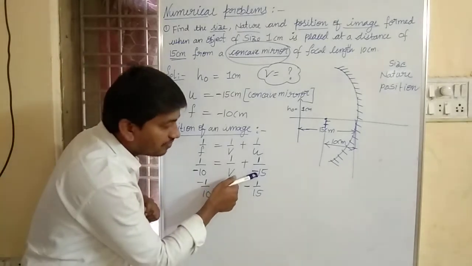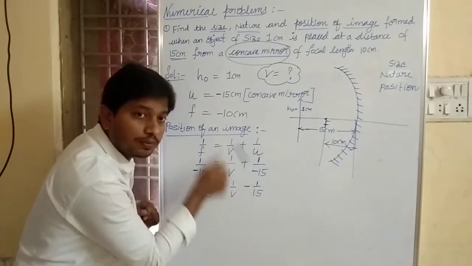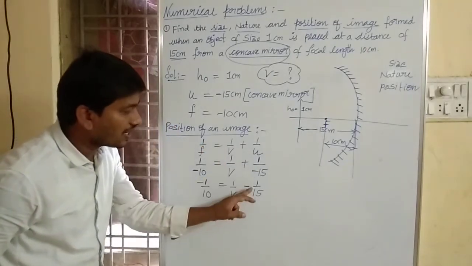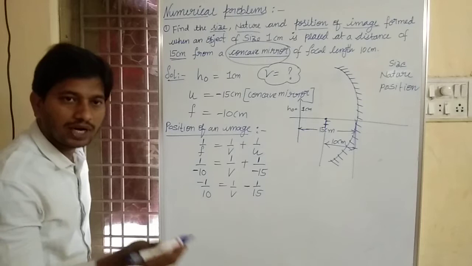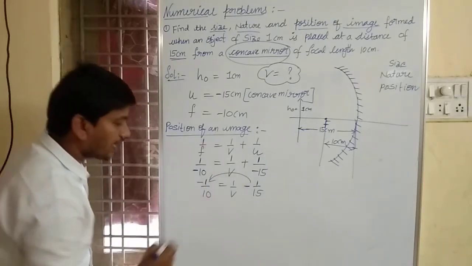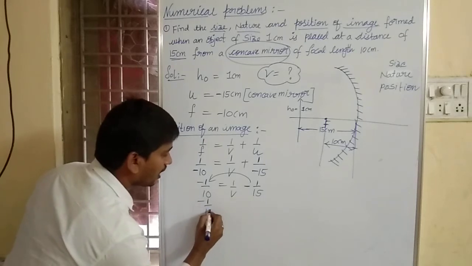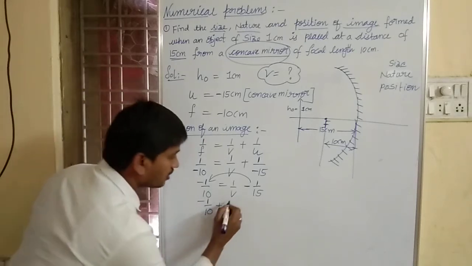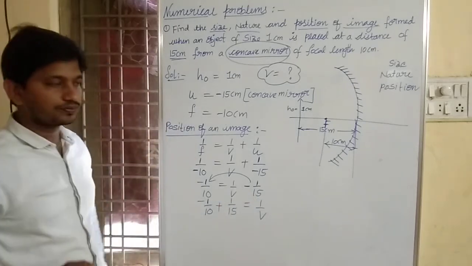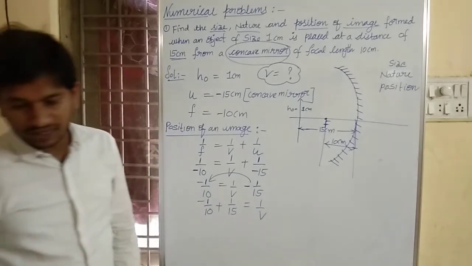Here this minus 15, the minus in the denominator, I can write for the numerator, plus into minus 1 by 15. Now let me transpose this minus 1 by 15 to the left hand side, that is minus 1 by 10 plus 1 by 15 is equal to 1 by v.